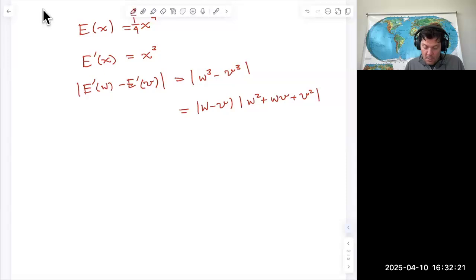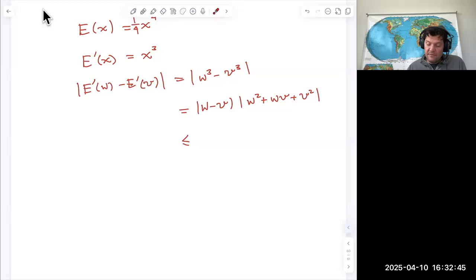Now, if this was to be locally Lipschitz smooth, what would I need to know? I would need to know that this part here is bounded or boundable, right? But it's not. It's not bounded if W and V are not bounded.